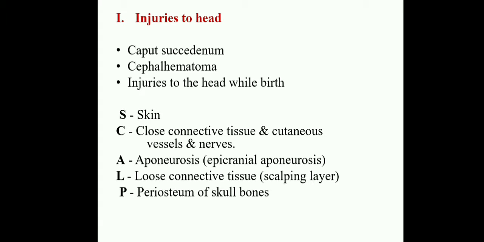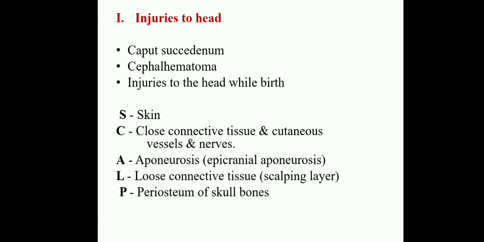First is birth injuries, under that, head injuries. What are those? Caput succedaneum and cephalohematoma, injuries to the head during birth. While observing whether any head injury is there or not, you should follow the SCALP formula. S is for skin.